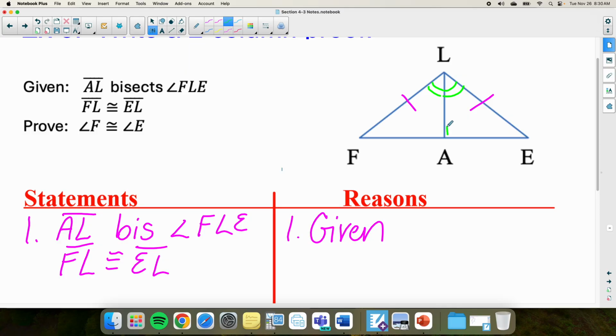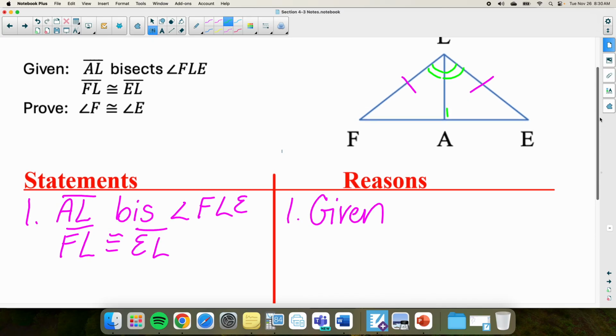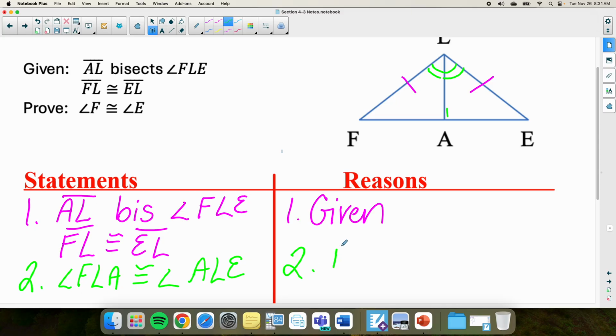And so the two angles that would be congruent are those two right there. AL bisects this angle. So my second step then is going to be angle FLA is congruent to angle, and I could either say ALE or ELA. Doesn't matter which way you do that. And when we say that, this one we bisected an angle, so it'd be definition of angle bisector.